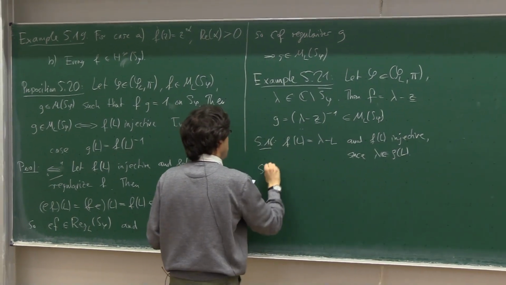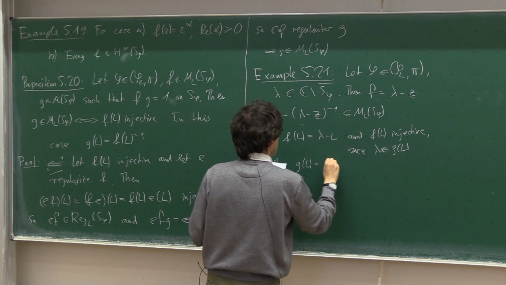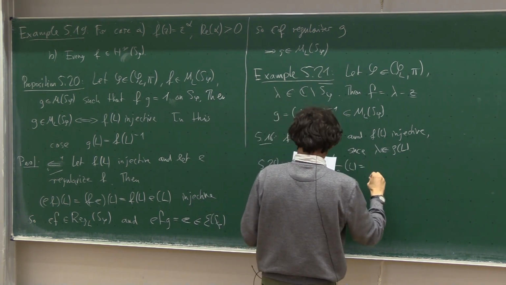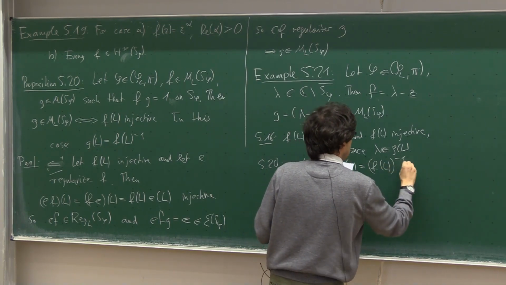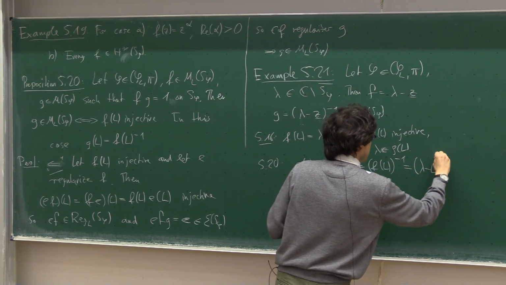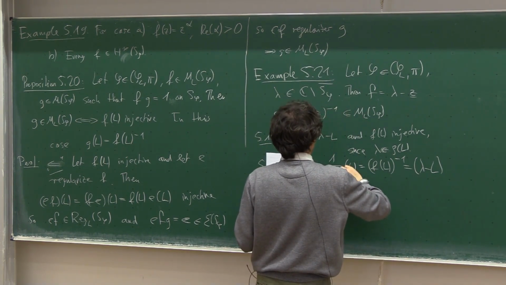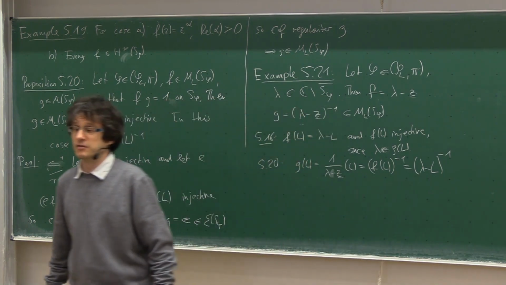So what 520 tells us is that G of L, so 1 over lambda minus z of L, is what it should be: f of L to the minus 1, which is lambda minus L to the minus 1. So it's really the result.